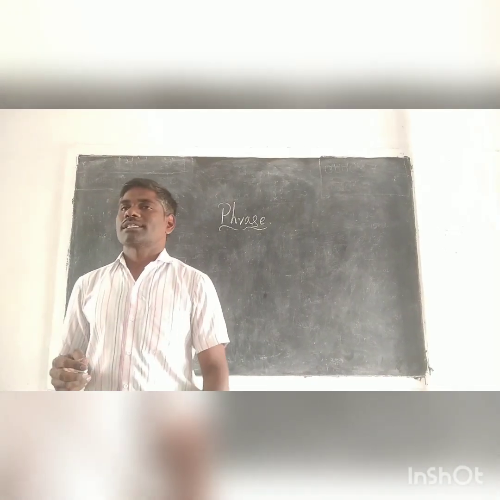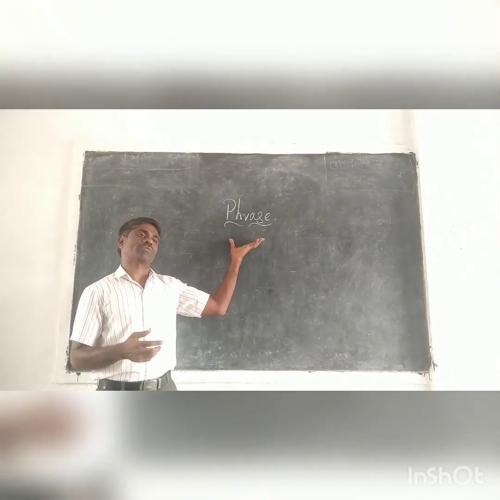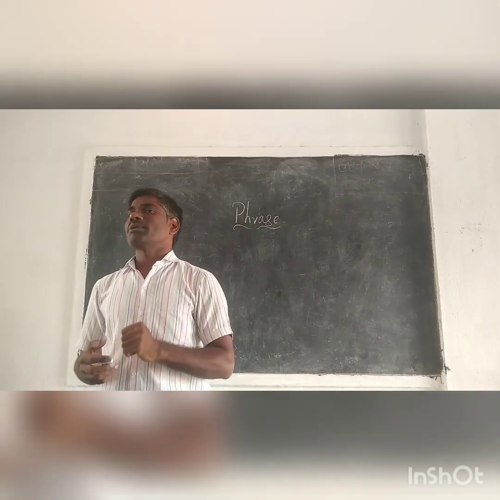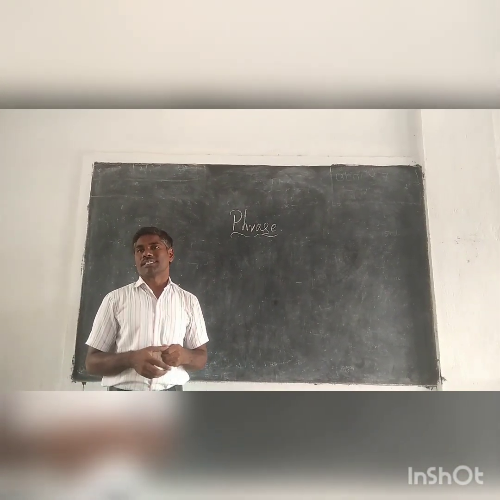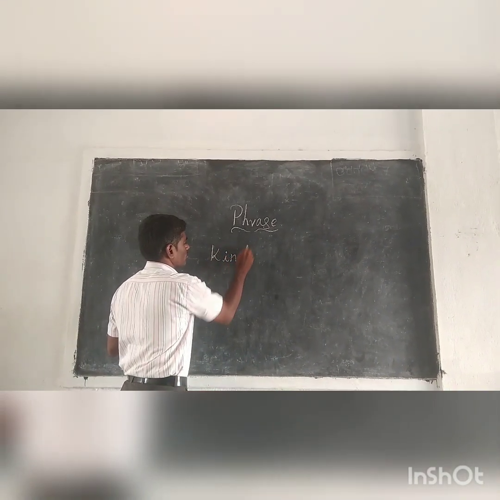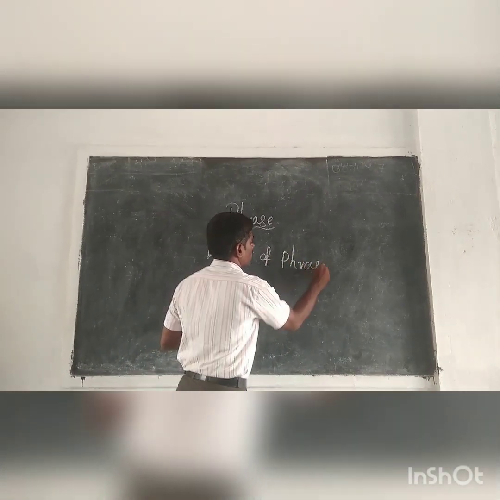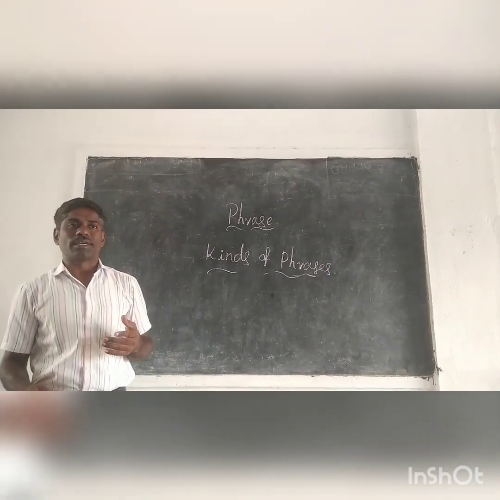Okay, dear learners, you know the meaning of the phrase, and also examples for the phrase. Now we can move to the kinds of phrases. So kinds of phrases. Mainly we can say 4 types of phrases.